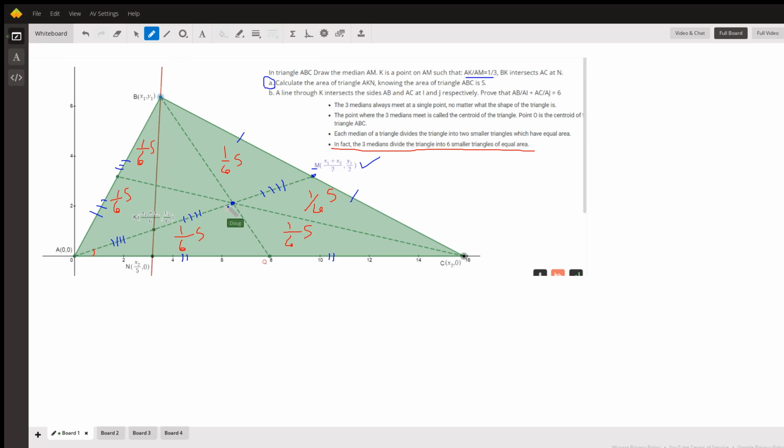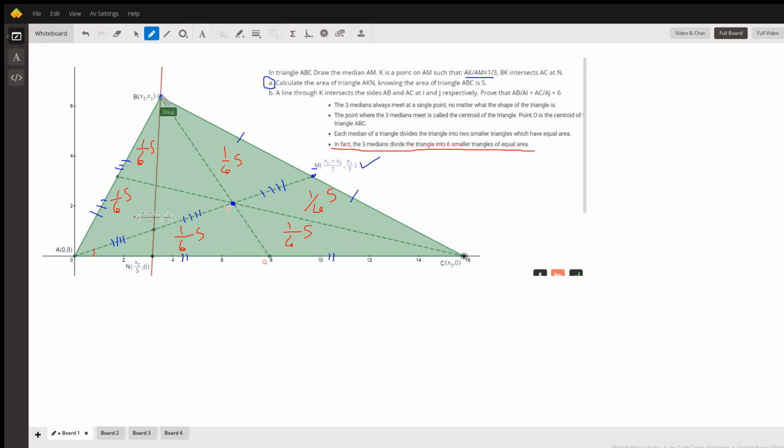One of the theorems on medians is, of course, that all three medians of a triangle meet at the same point, and that the distance from one vertex to this meeting point of the medians is twice the distance from the meeting point to the midpoint of the other side.